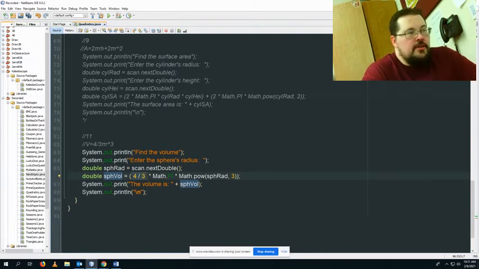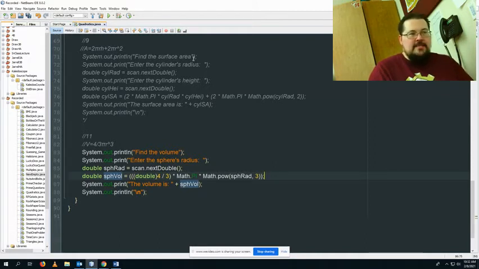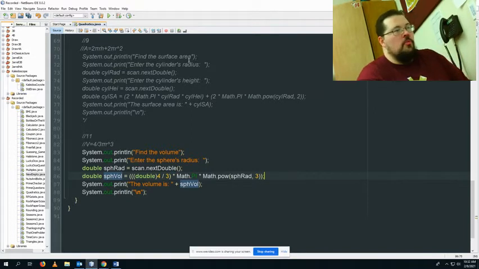So that's not good. Now, what we can do to fix this is casting. We're going to treat the 4 as a double by casting it. Now, a double divided by an integer will give us a double. So now that should work.